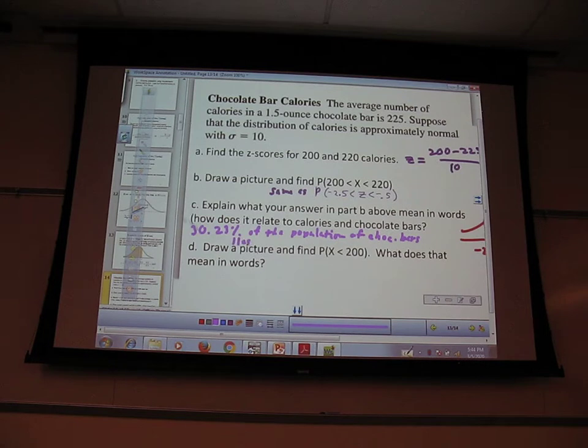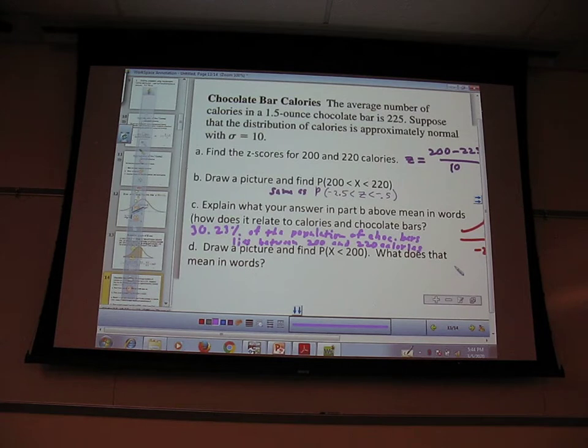Sure. Lies between 200 and 220 calories. That totally works. Yep.